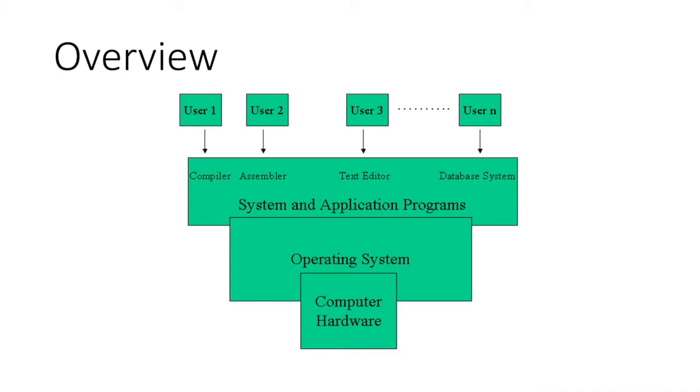Now, the operating system is the software which sits on this hardware. This software helps us navigate inside the device. Like if you open your smartphone, all these applications come, you can slide and you can see the time. All these things which you are doing are mostly done in the operating system. Now, if I open an application like the YouTube app, that is an application program which sits on the operating system.